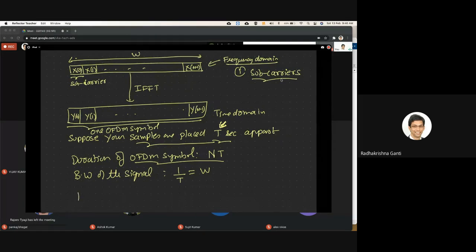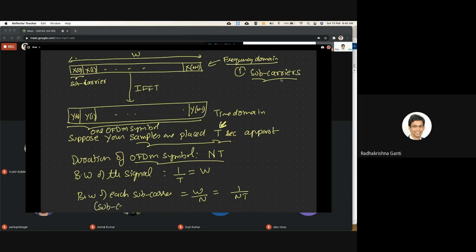What is the bandwidth of each subcarrier? W by N, which is equal to 1 by NT. So 1 by NT is called the subcarrier spacing.